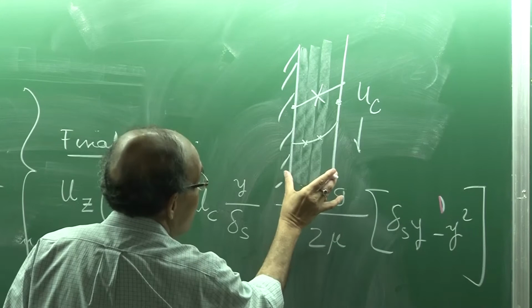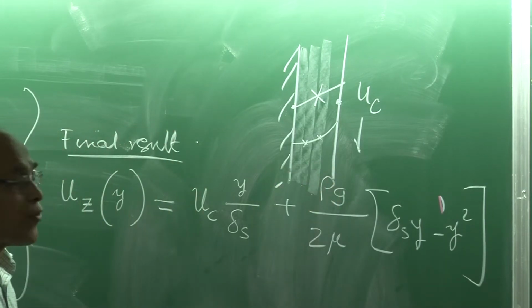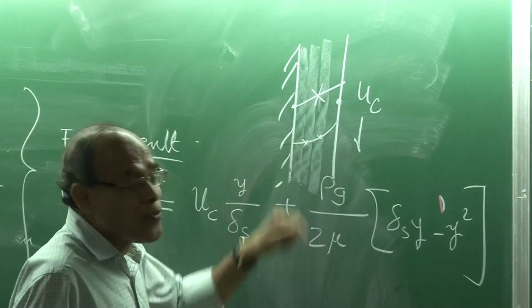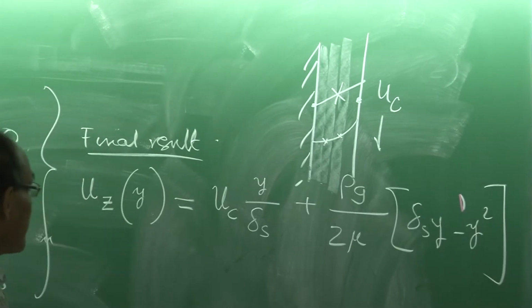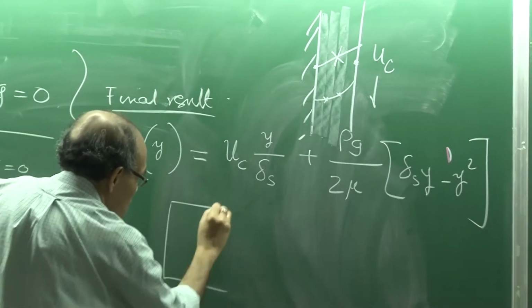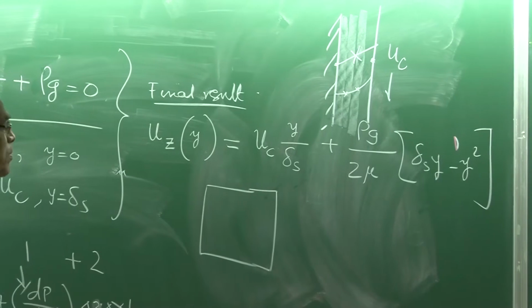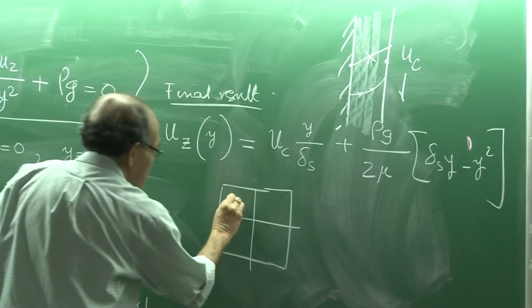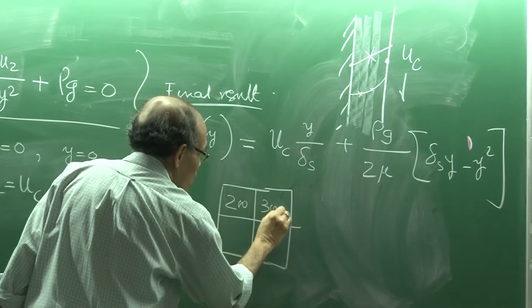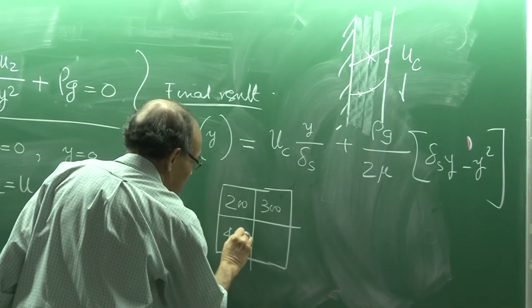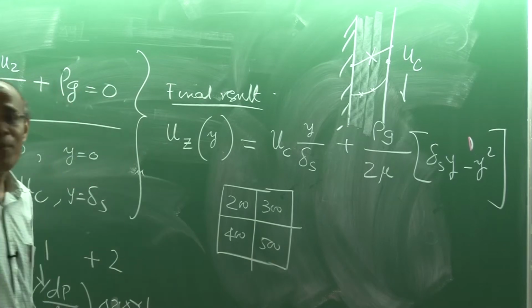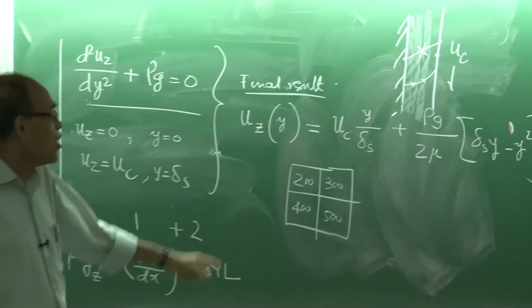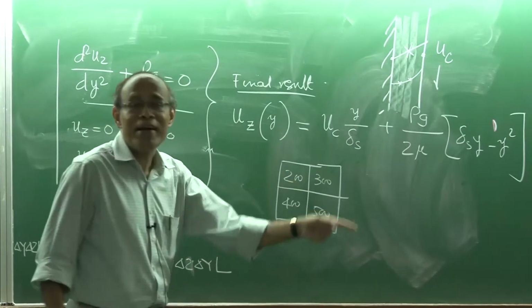we can have now a cross-sectional average velocity, for example. I will explain: suppose I take a square sample, and I divide it into 4 parts. One is 200 degree, one is 300 degree, another is 400 degree, another is 500 degree. If all the parts are equal, what is the average temperature? You will simply sum this up and divide by 4.